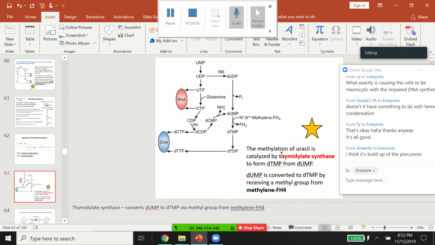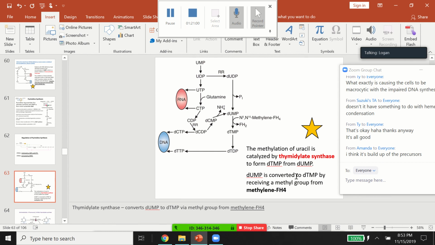If you remember from the other ones, dATP, dADP, all those, ADP, GDP, they have their own separate pathway. But TMP relies upon UMP. That's what makes it a little different. The fork in that road is thymidylate synthase. So keep that in mind.